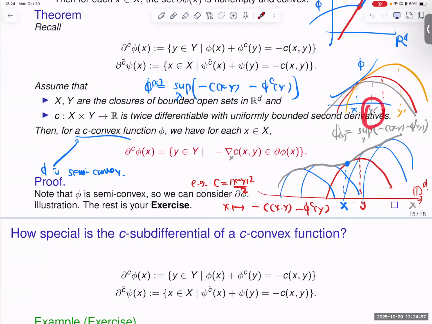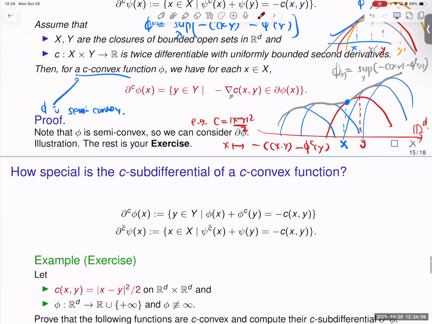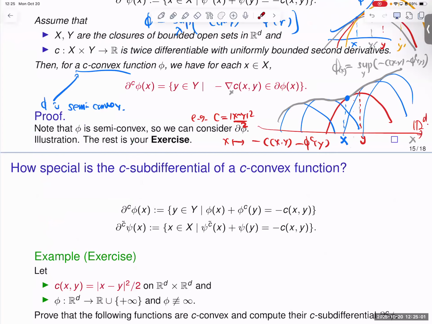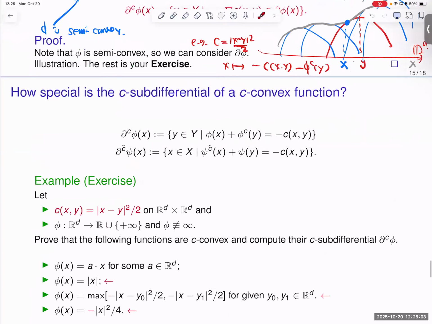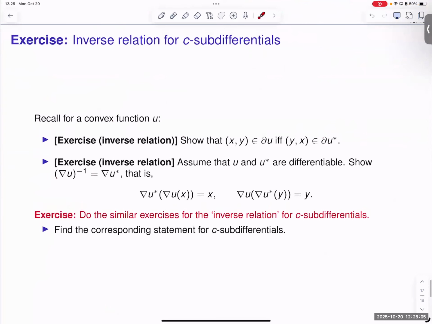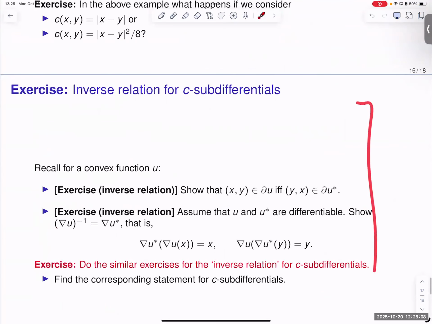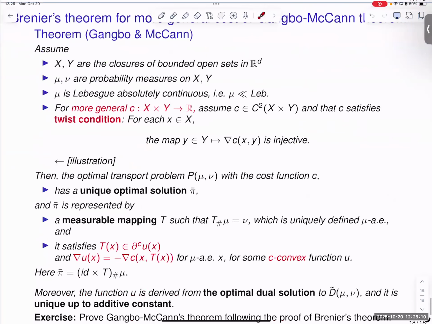Then you just consider the corresponding y's. That's how you find the C-subdifferential. And with all these, so this is just an exercise for the inverse relation, you can actually translate or extend the statement of Brenier's theorem to the case of more general cost functions.